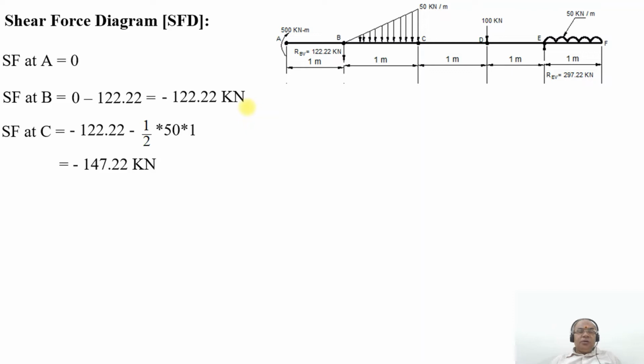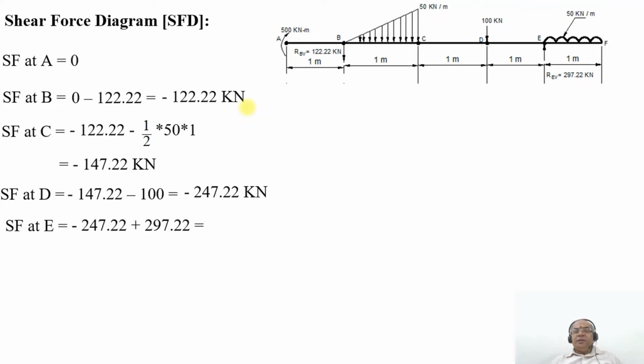SF at D will be minus 147.22 minus 100, which is minus 247.22 kilonewton. Between D and E it remains constant at minus 247.22. SF at E will be minus 247.22 plus 297.22, which is plus 50 kilonewton.